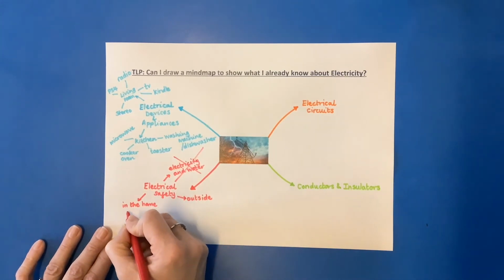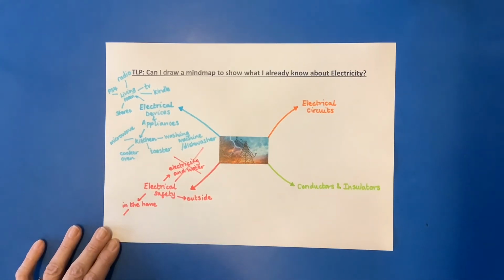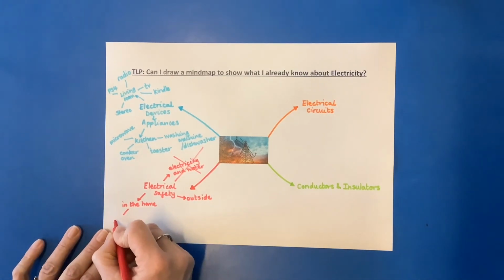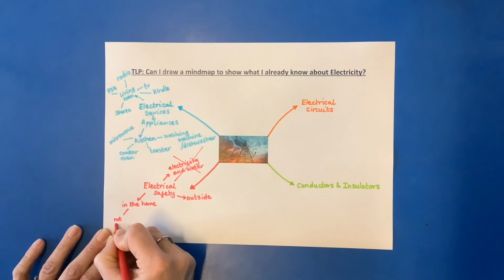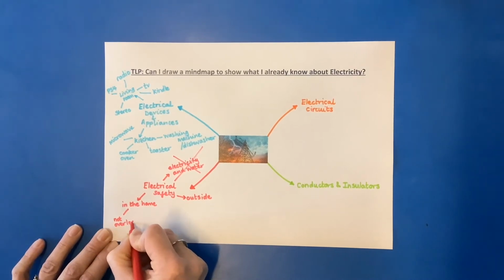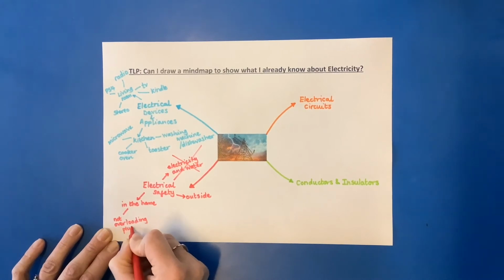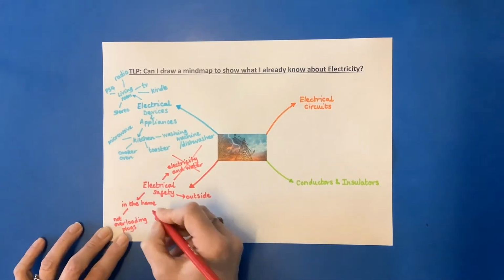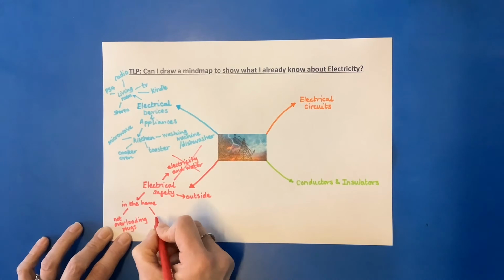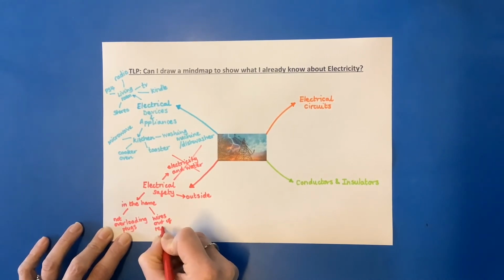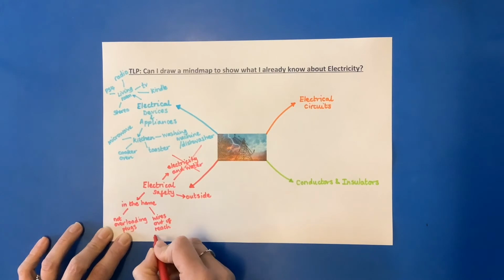So in the home, we might need to think about some of the things that we do at home to keep safe. So things like not overloading plugs, and thinking about keeping wires out of reach so we don't trip.